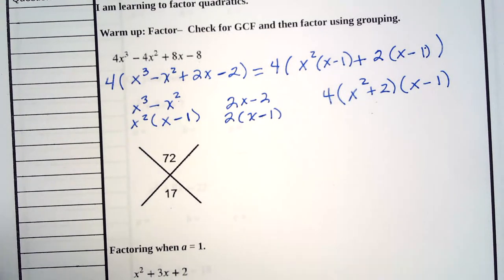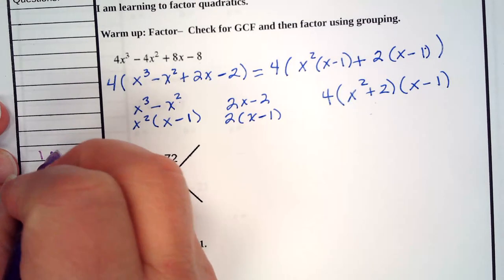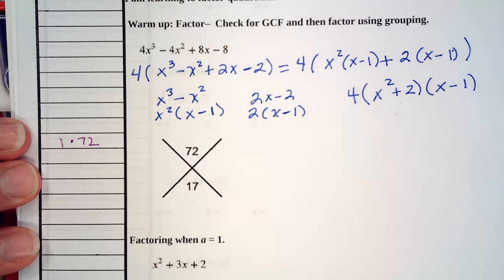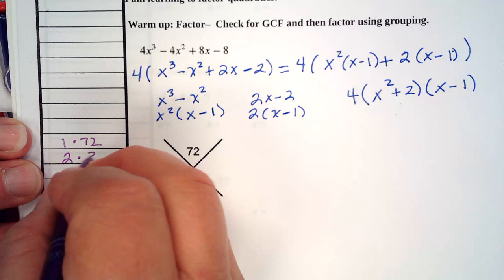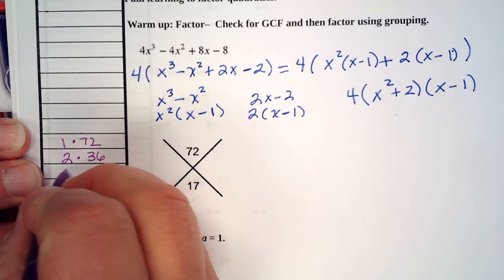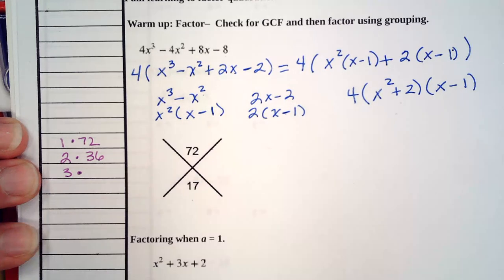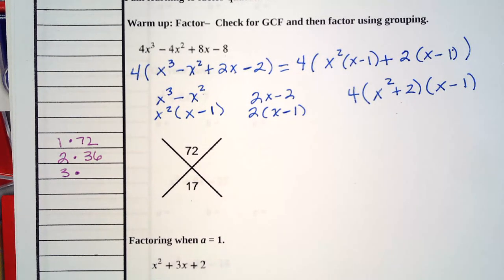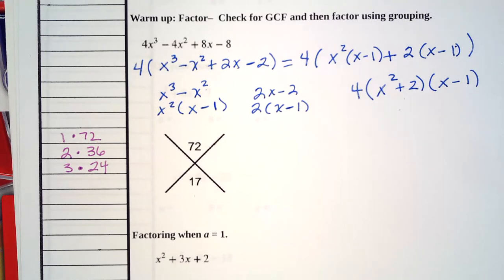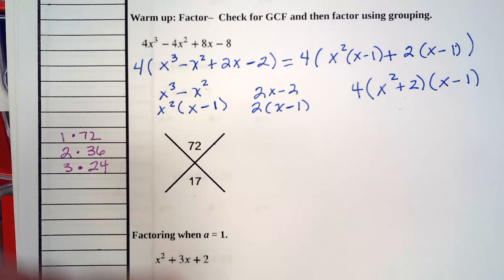If I'm looking at it, 1 times 72 is 72. 1 plus 72 is not 17. 2 times 36. 36 plus 2 is not 17. 3 times, that one I never can remember, 24. 3 plus 24 is not 17.